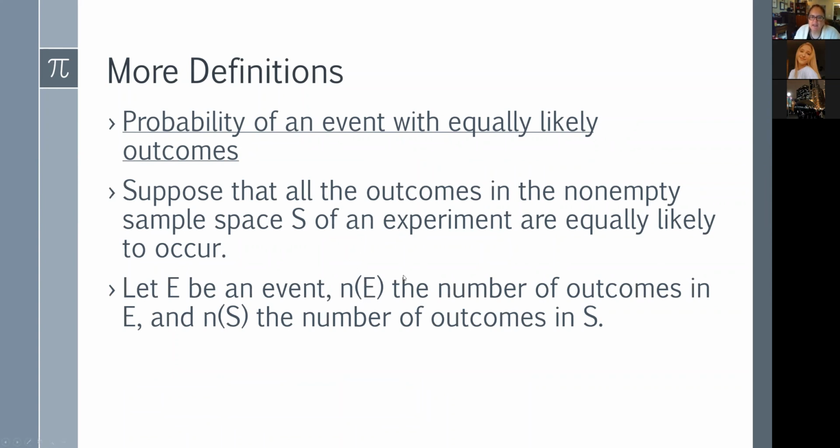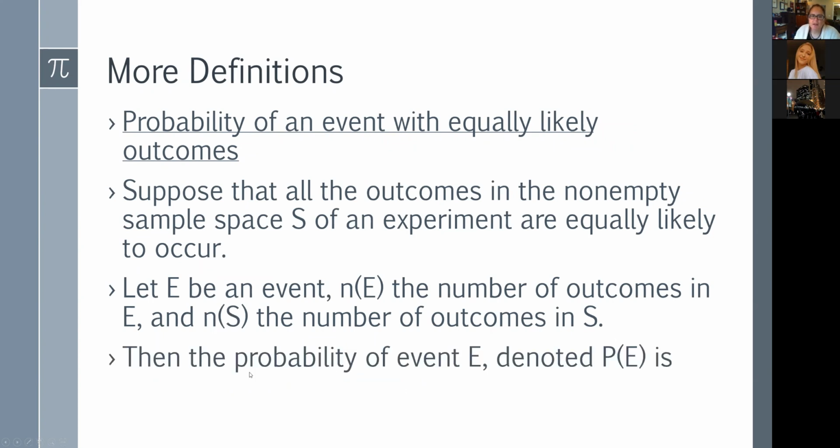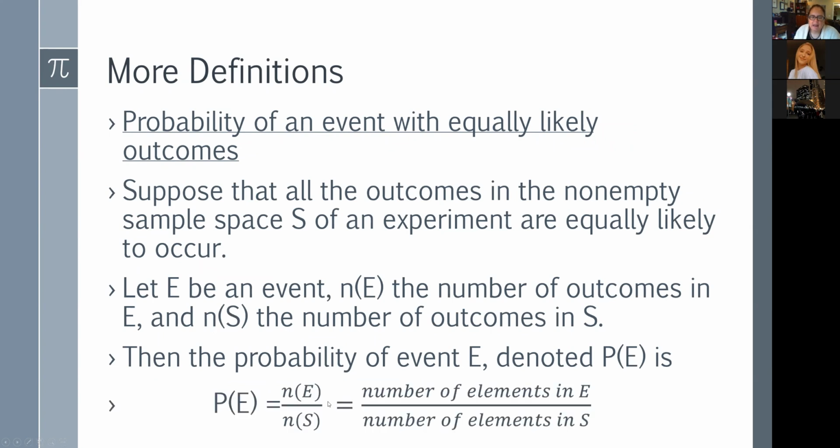N of E is the number of outcomes in the event. And N of S is the number of outcomes in the sample space. Then the probability of an event, E, we're going to call that P of E, and it's just the number of elements in the event divided by the number of elements in the sample space.